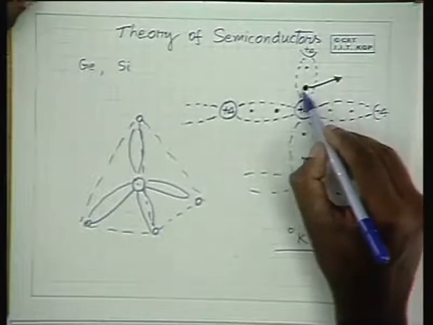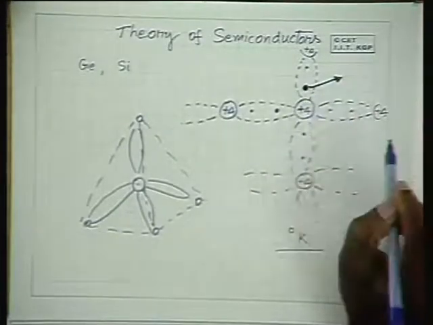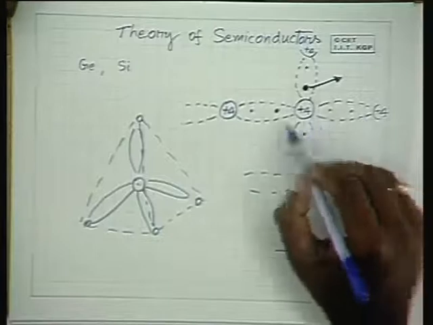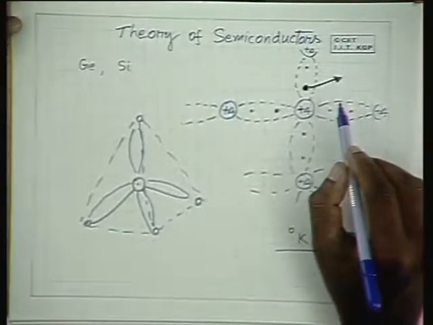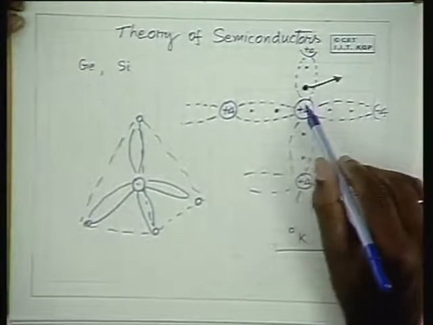This is what happens because of the thermal energy imparted. It is not necessary that all of these electrons get dislodged. Some electrons here and there get dislodged from the covalent bond and they are available for conduction under external influence.